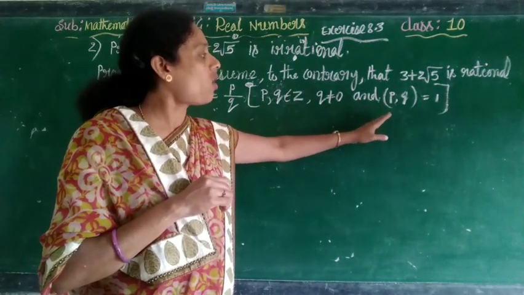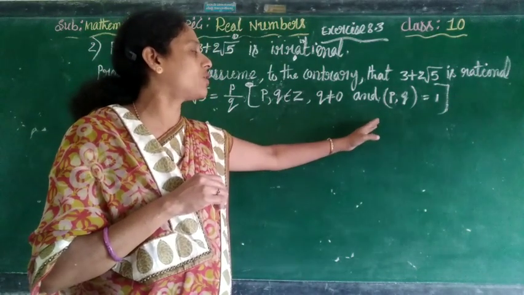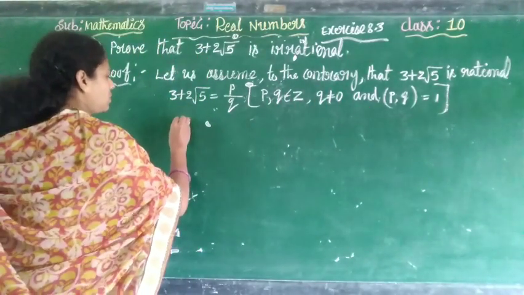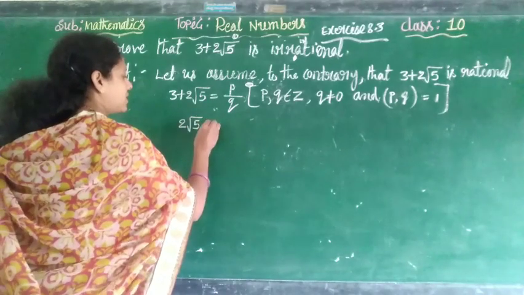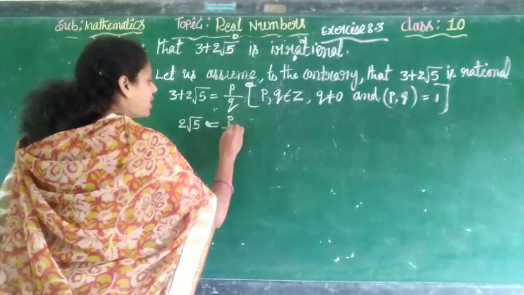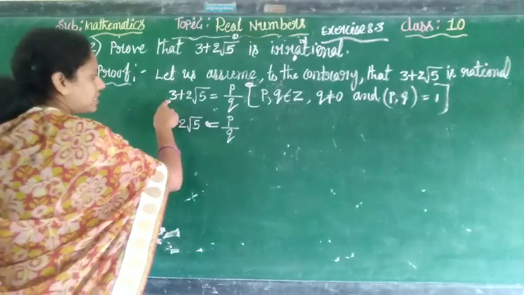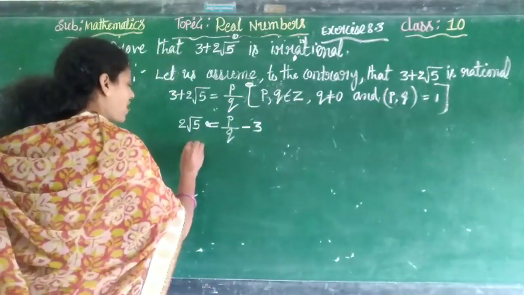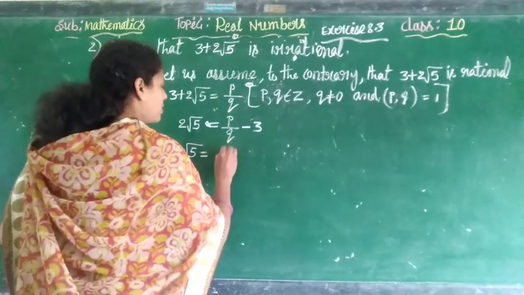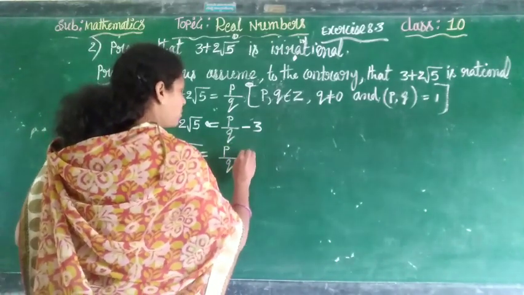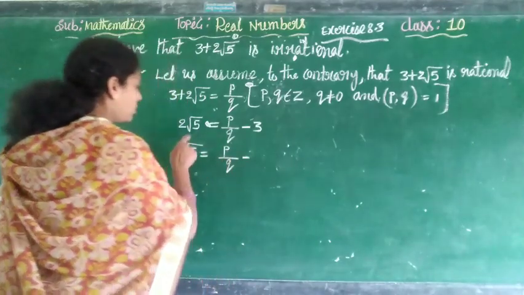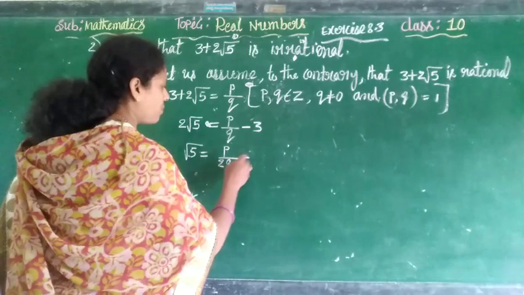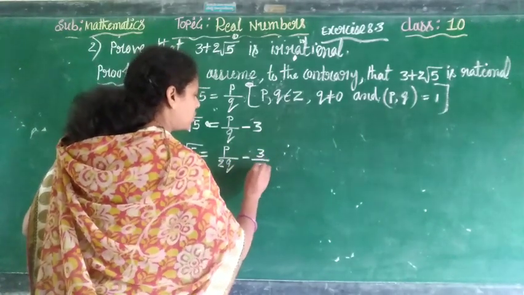There are no other common factors of p and q other than 1. So, 2 root 5 is equal to p by q minus 3. So root 5 is equal to p by 2q minus 3 by 2.